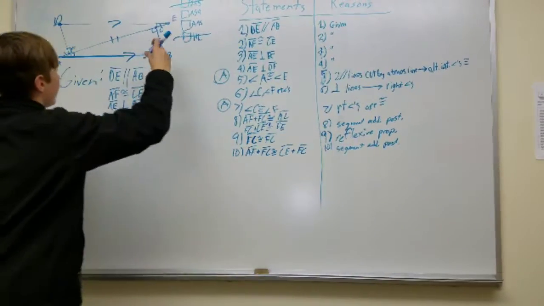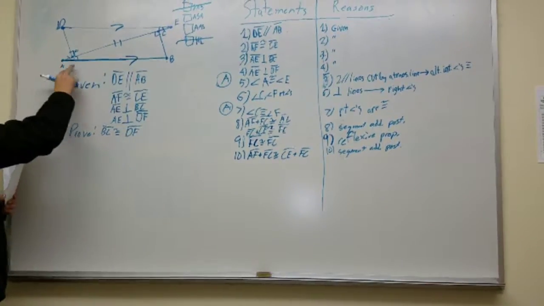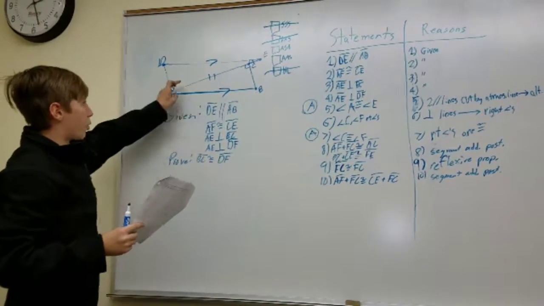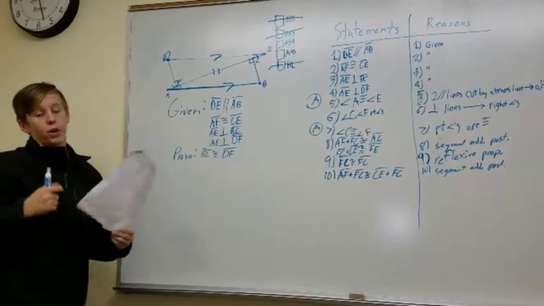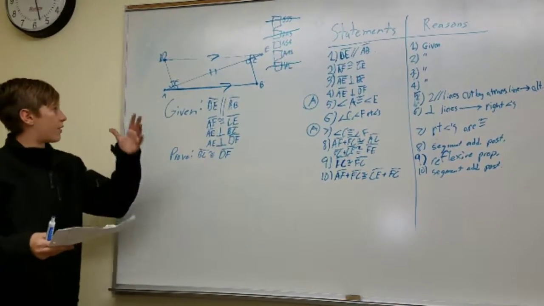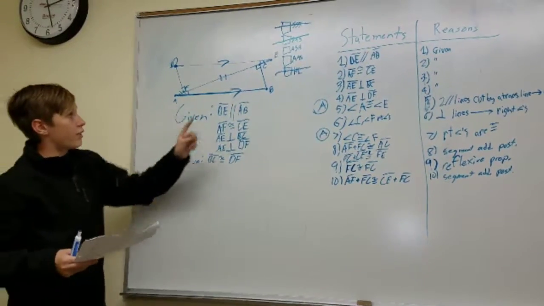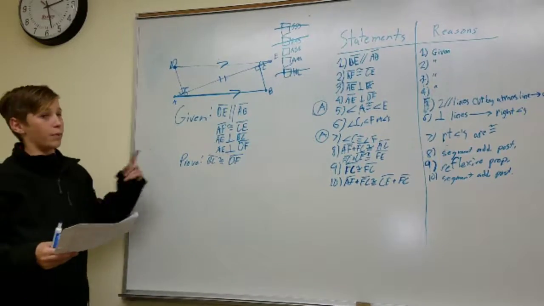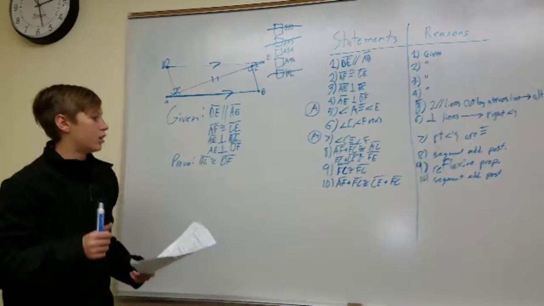As we can see here, EC is congruent to AF, so they're the same value, and they're both being added to the same value. So a good way to exemplify this would be if AF is 1, then CE is also 1, and if FC is 2, then 1 plus 2 equals 1 plus 2.